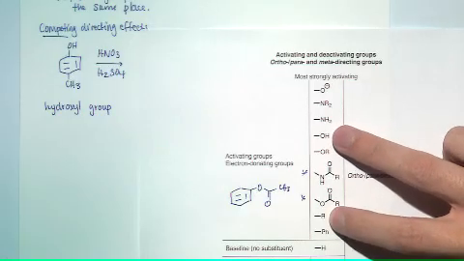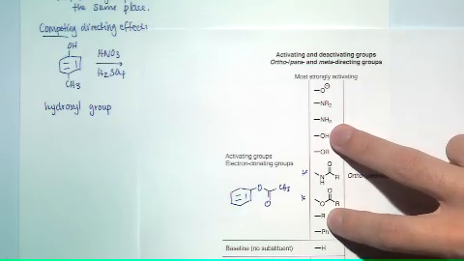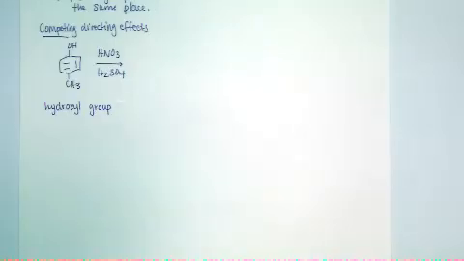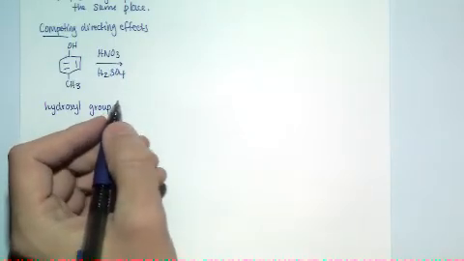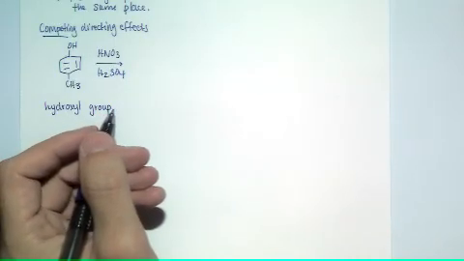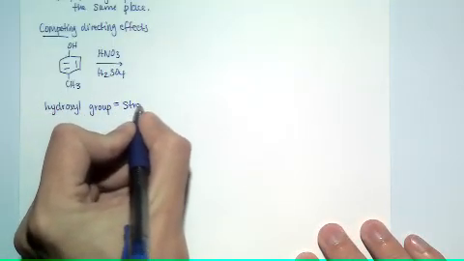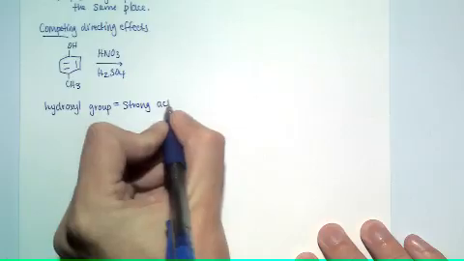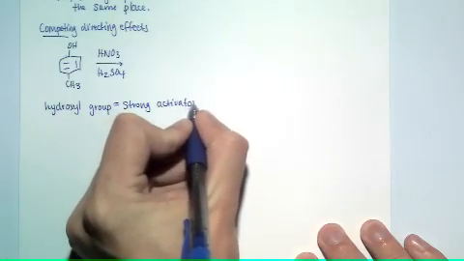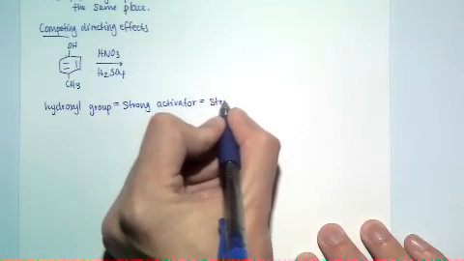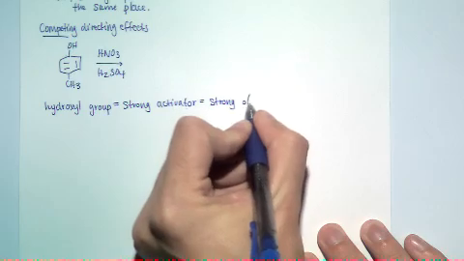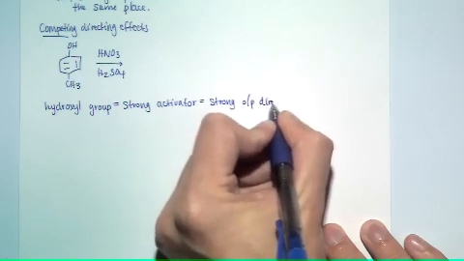So the OH is a pretty strong activating group, and the methyl group is a weak activating group. So strong activator, strong ortho-para director.